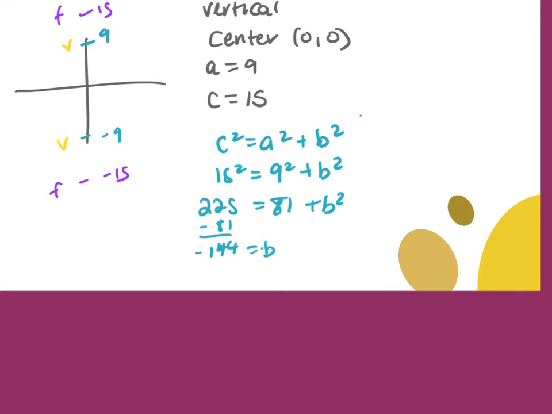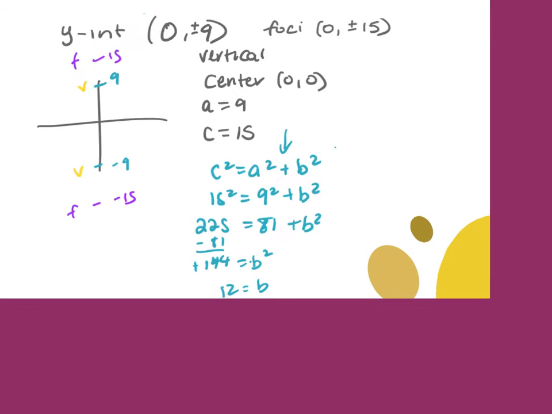Holy moly, on a roll today. Did I do that part right? I wrote it wrong. I didn't have, I had a plus there. It should be minus 81, yeah, 144, and then the B is 12.